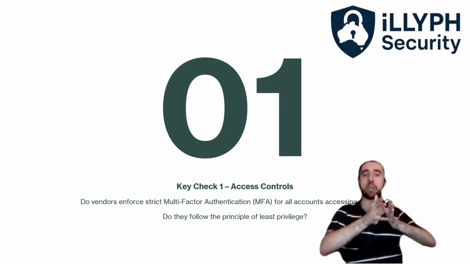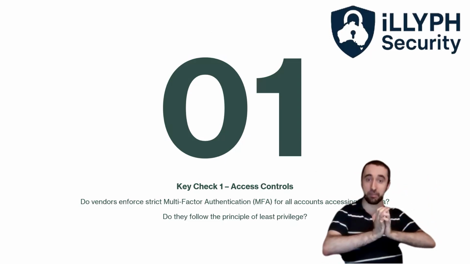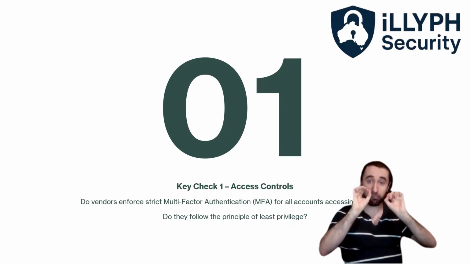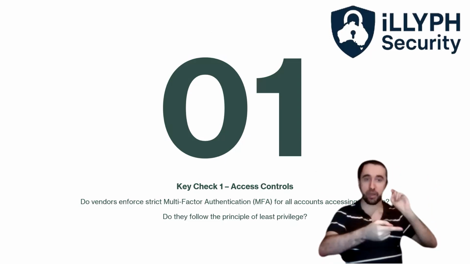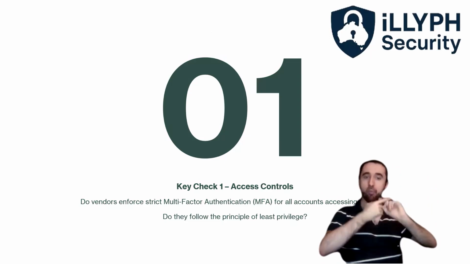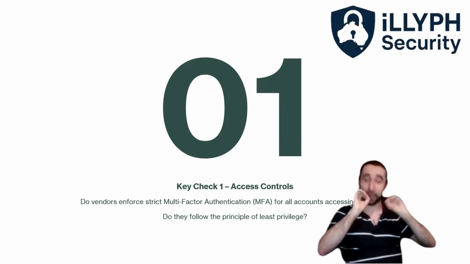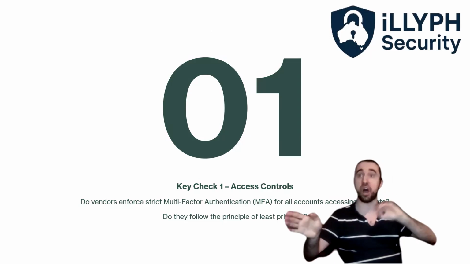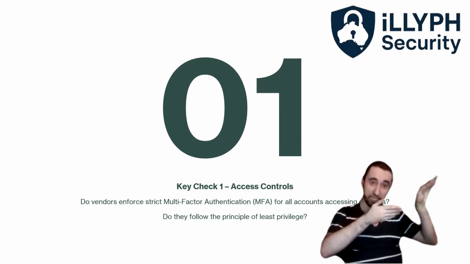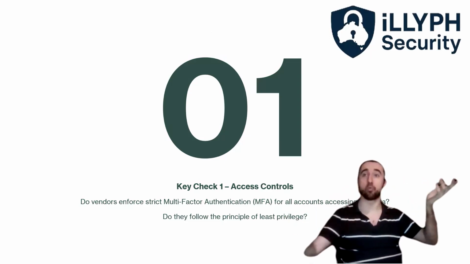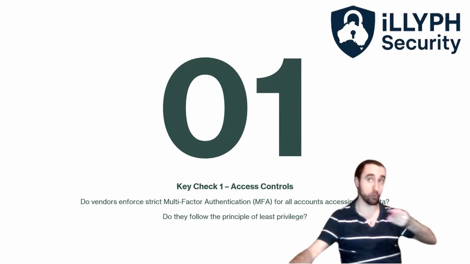We also have to check whether the access is limited to only what is needed, whether shared accounts are avoided, and whether the access is removed quickly when a staff member leaves or has a role change, a promotion, or a secondment as well.